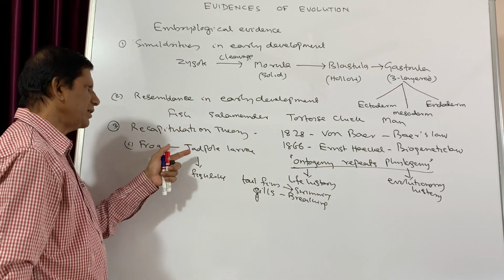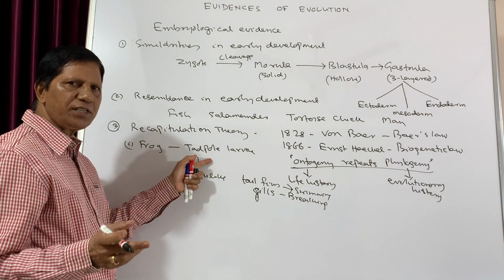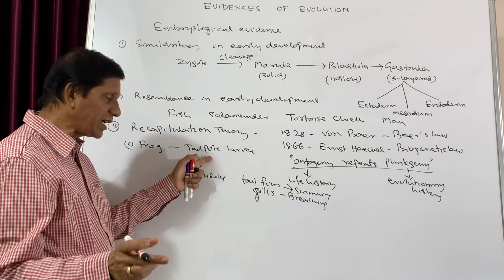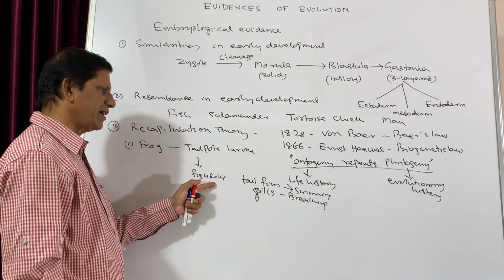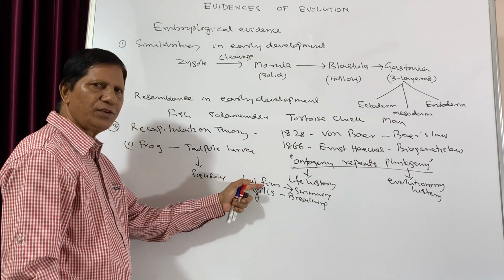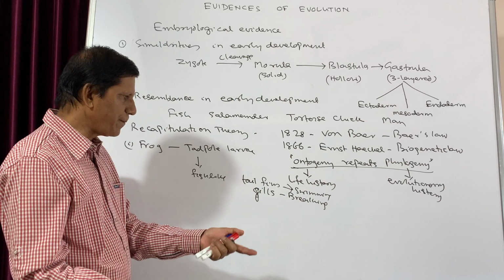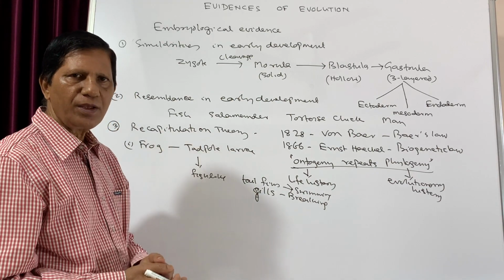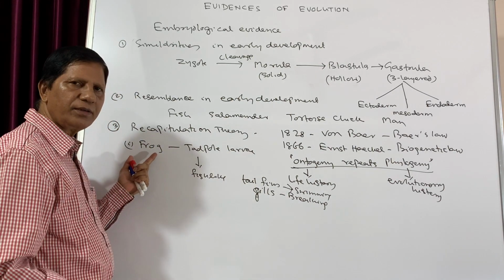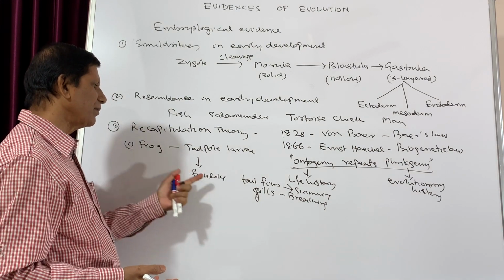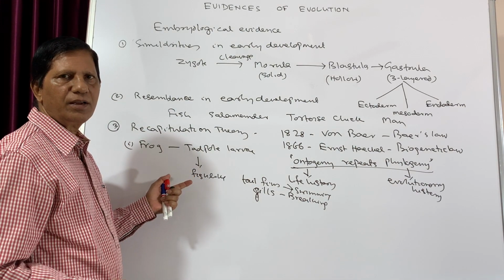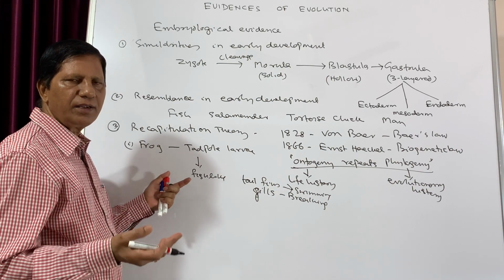That means the tadpole is one of the embryological stages of a frog which looks fish-like, having tail fins which help in swimming and gills for breathing. But in the adult frog, these are not there. So it indicates that the frog has evolved from fish, from aquatic organisms.